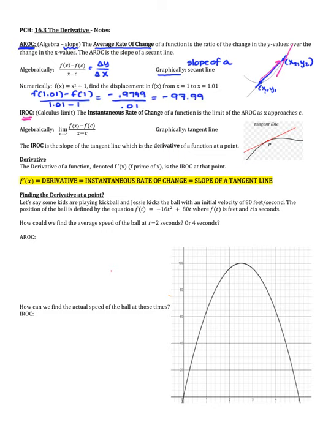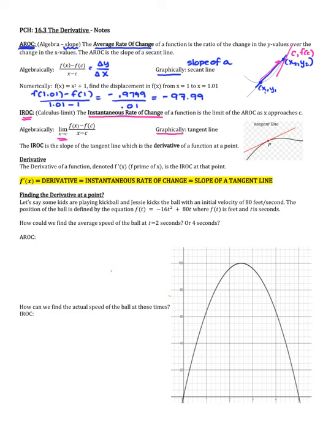What is the instantaneous rate of change? It is the limit as x is approaching. So now let's call this c, f of c up here. So it's the limit as x is approaching that other point, not actually at that point, but approaching, because we don't want to divide by 0. So we've turned our average rate of change into an instantaneous rate of change. Graphically, what does that mean?